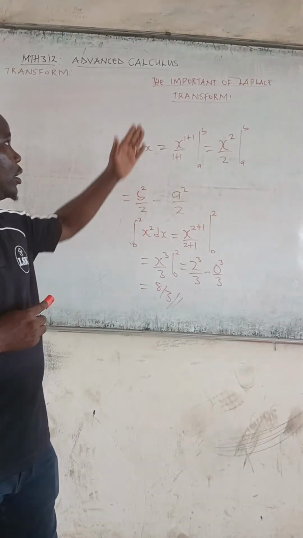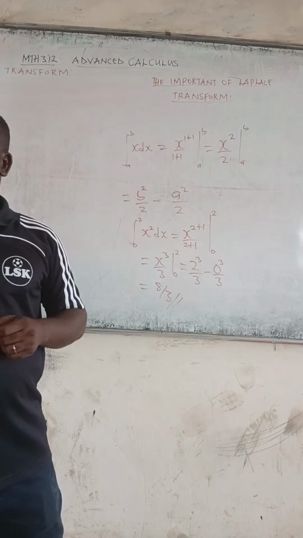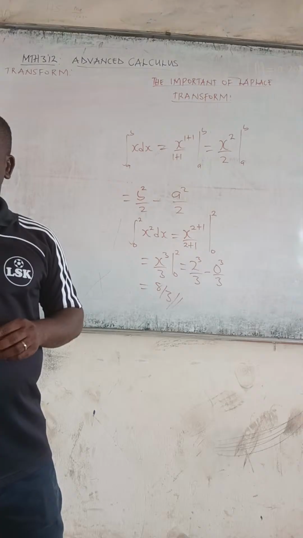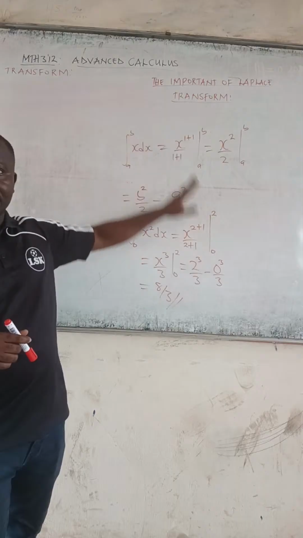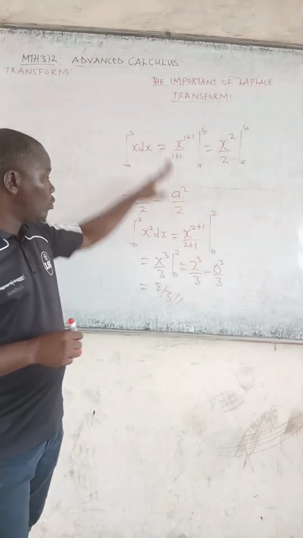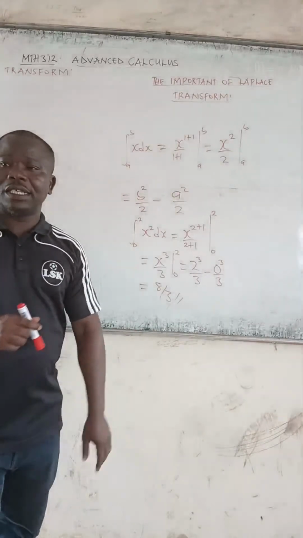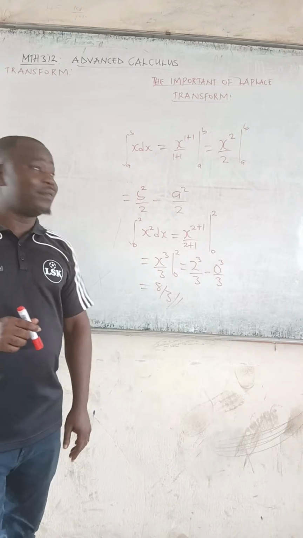Before we consider the importance of Laplace transform, we'll be using this. As long as Laplace transform is concerned, you must have this in mind. Anything we want to do now, you must have it in mind.